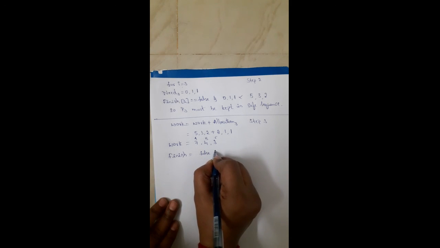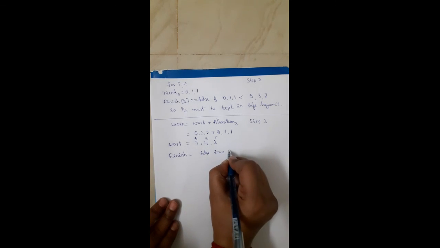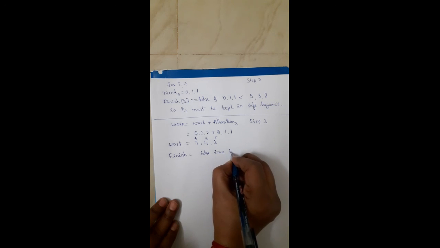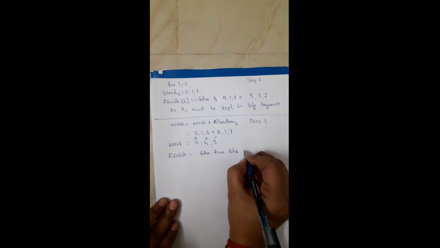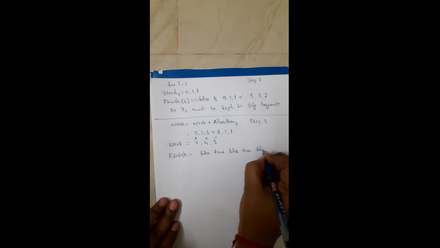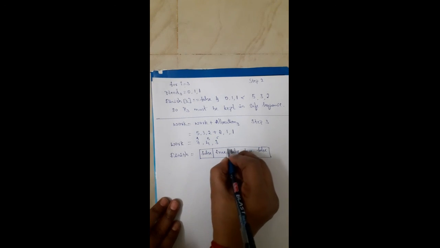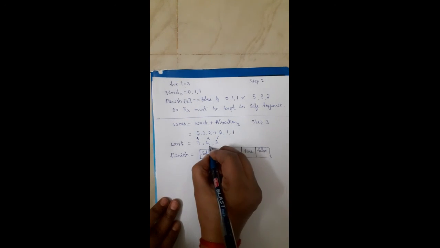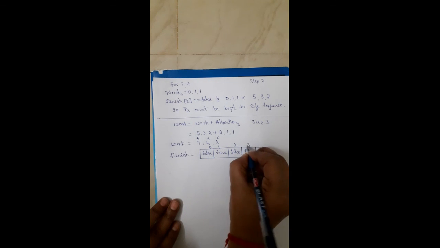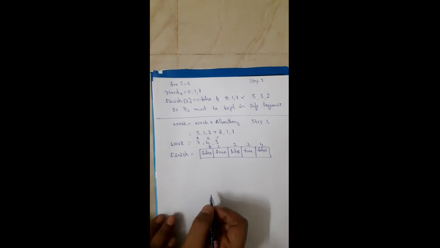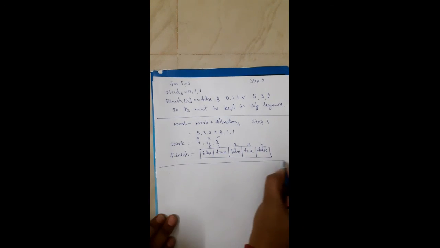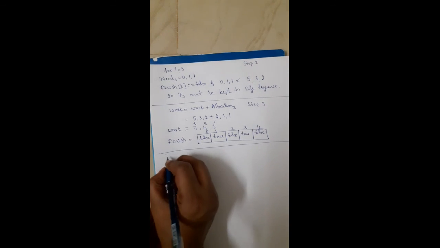For P1 it is true. For P2 it is false. For P3 it is true, and for P4 it is false. 0, 1, 2, 3, 4. Okay. Now what is the next step?